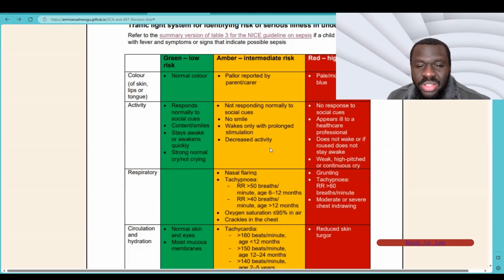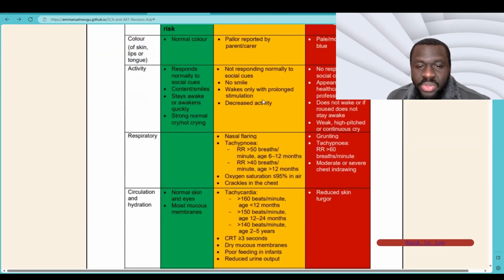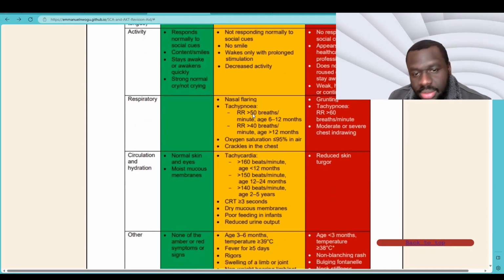So the child is really looking lethargic, not really playful, not smiling, looks tired, just looks laid back. There's nasal flaring, the child is tachypneic. Tachypnea means a respiratory rate of more than 50 if the child is 6 to 12 months old, or more than 40 breaths if the child is above a year.